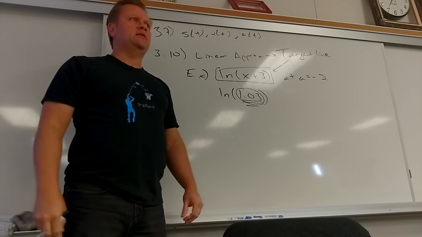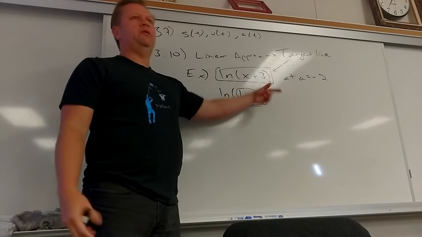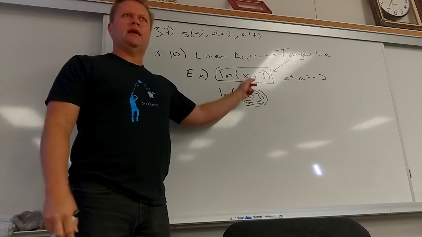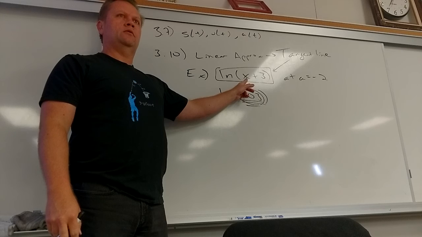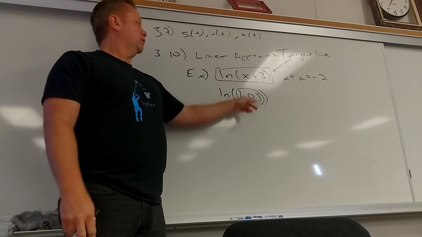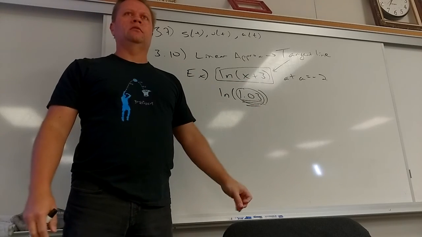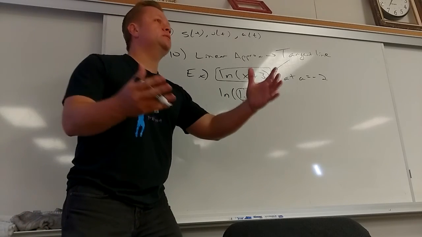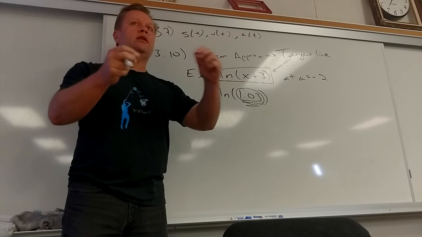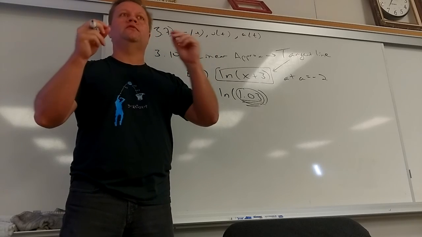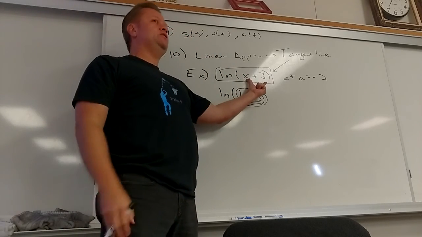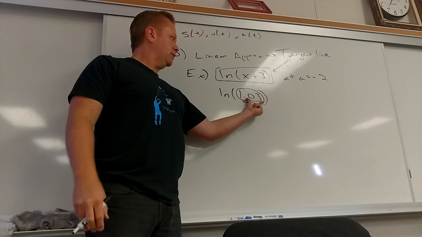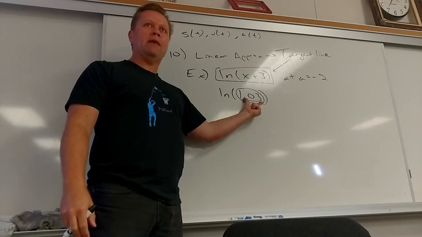I get 4.03. I'm not going to get the right answer. What's x? Well, 1.03 minus 3, negative 1.97. You see what I'm saying? If I'm creating a linear approximation for a function where the inside isn't just x, then I've got to be careful about how I make this value happen.